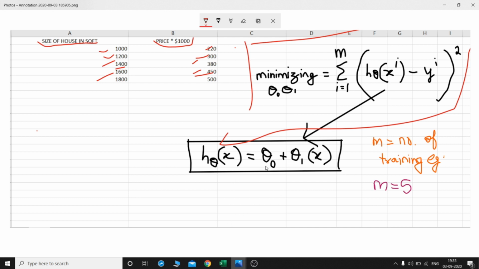This has two parameters, theta naught and theta 1. These are basically parameters which you will be plotting in a graph. So let's say theta naught, then theta 1.